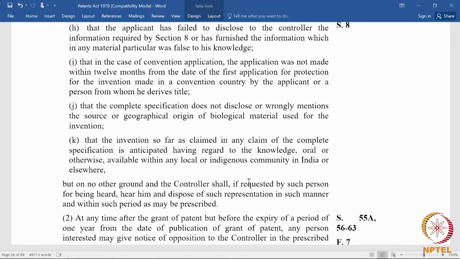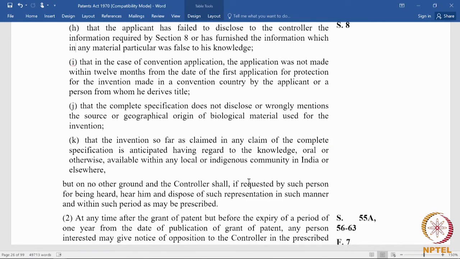So, we can assume, this is the practice, if a matter is taken up on pre-grant opposition, that the applicant has satisfied every objection under the act or those that were raised by the controller, and then they get into pre-grant opposition.